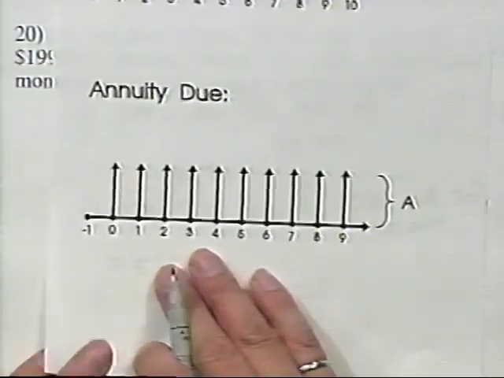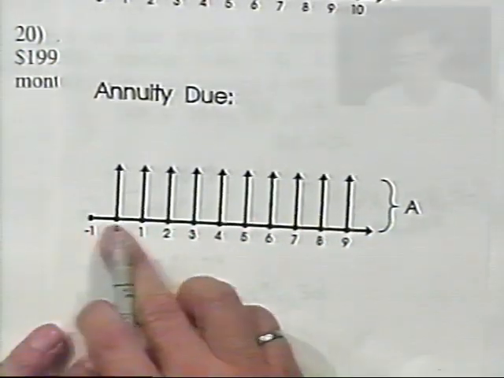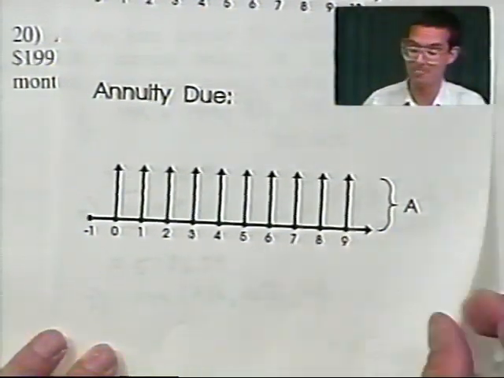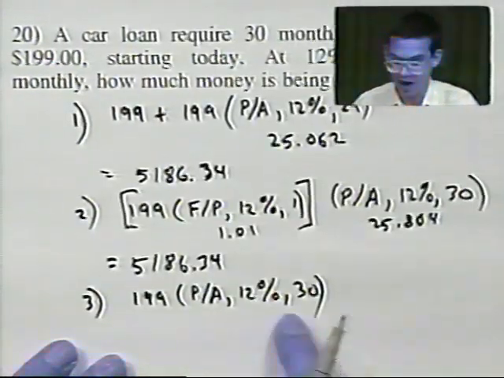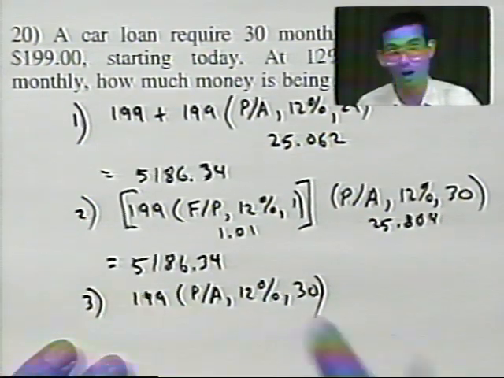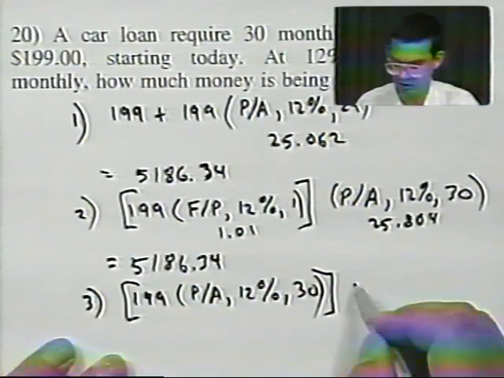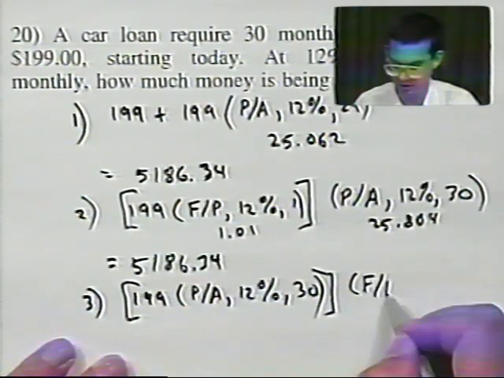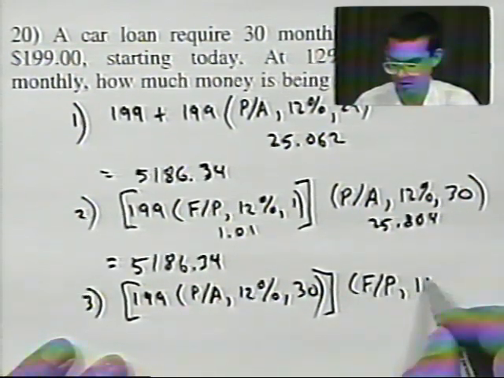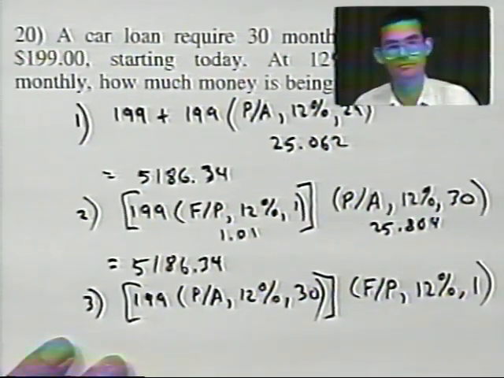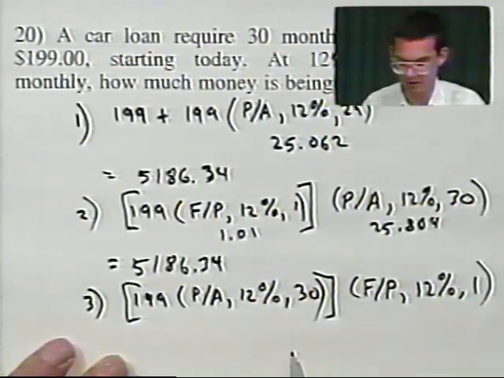There's 30 payments now because we're just considering it to be a standard annuity at year minus 1. So all 30 payments count. That calculation gives us a present worth a year ago. We can then bring that to the future one year to find the equivalent today.